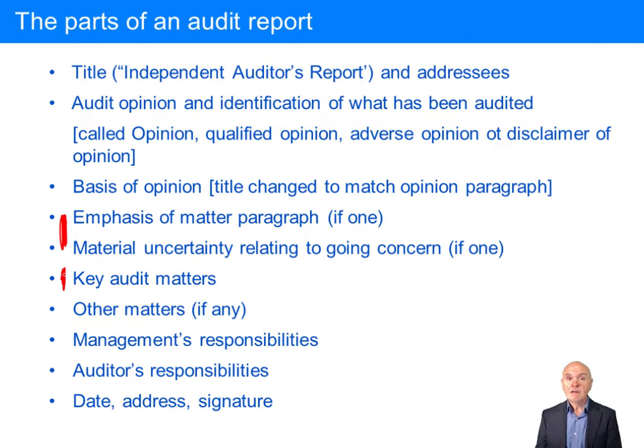And people really ought to know this is where there may be some doubt. The auditors think they've come out on the right side of it. They think the financial statements are okay, but maybe they have had some trouble actually getting to that conclusion. We'll see a little bit more of that in a moment. Other matters, again, this will be explained more in chapter 6, the following chapter.